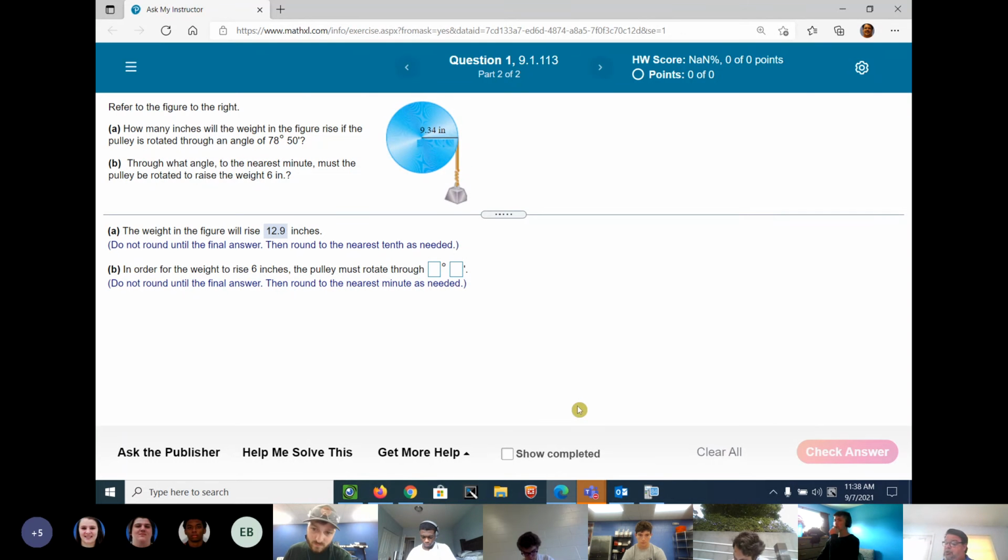The rate R is equal to 9.34, and we want to pull this up 6 inches, which means this distance right here needs to be 6 inches.